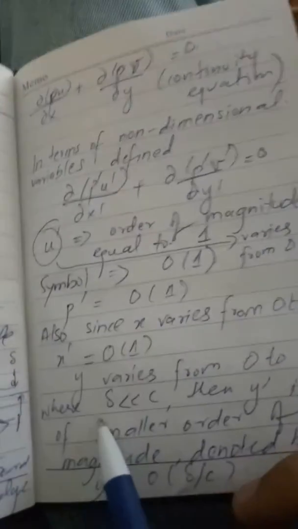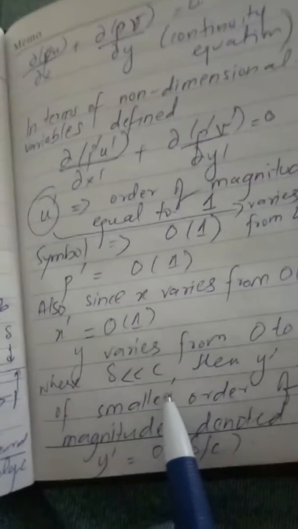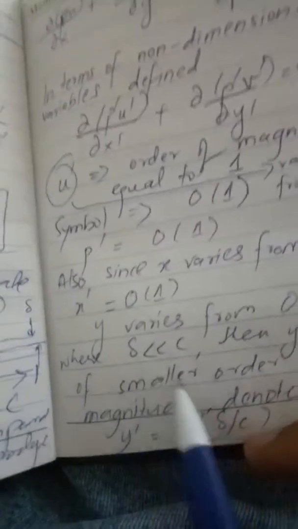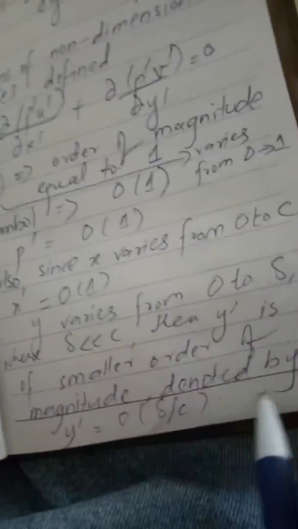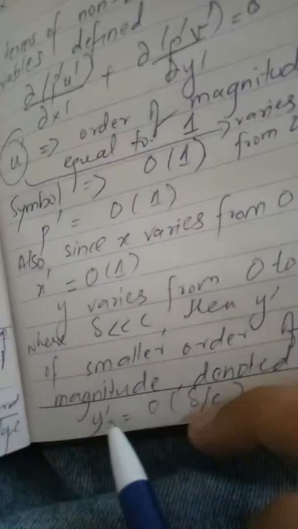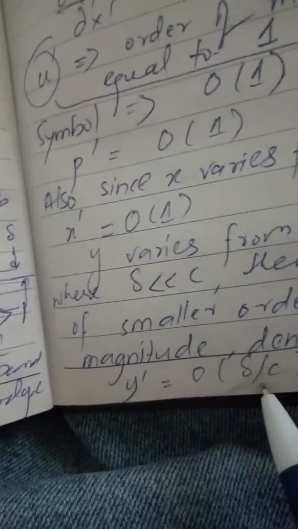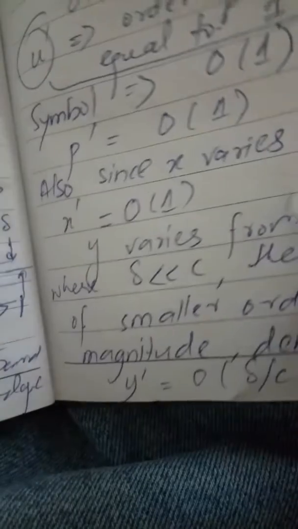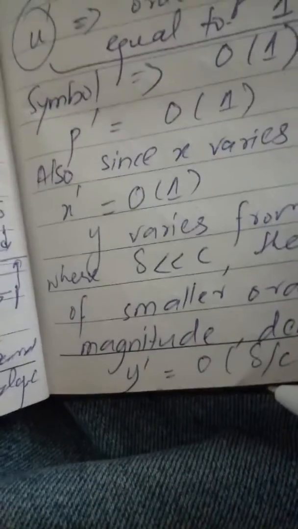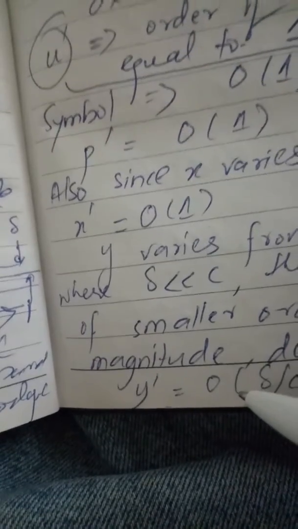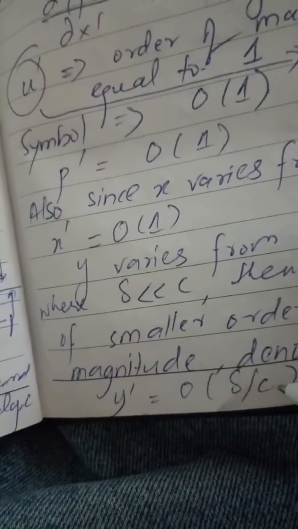Since lambda is very much less than c, y prime is of a smaller order of magnitude, denoted by y prime equal to O of lambda by c. That is how you cover it. So y prime is equal to 0 to lambda by c.